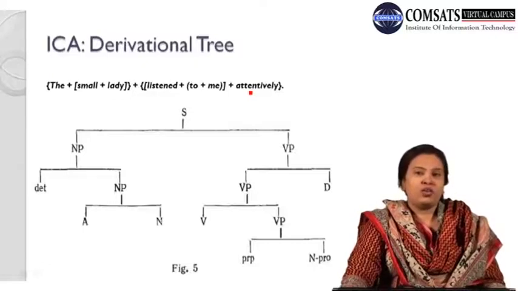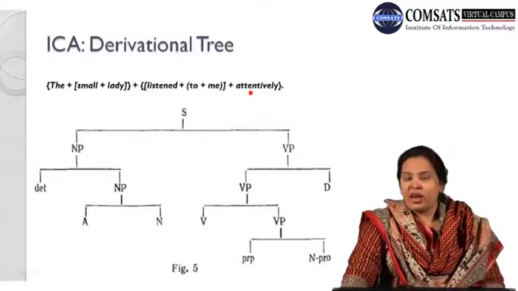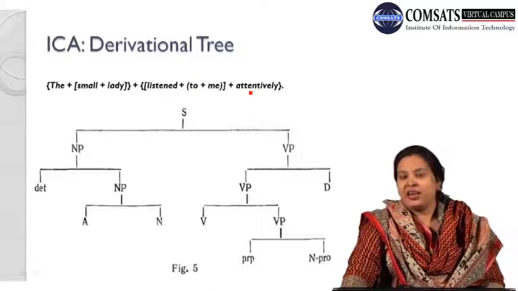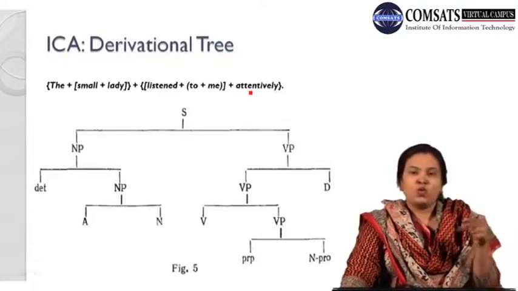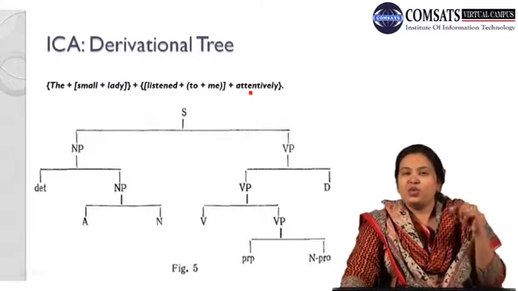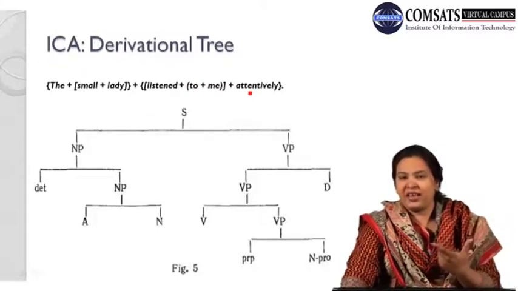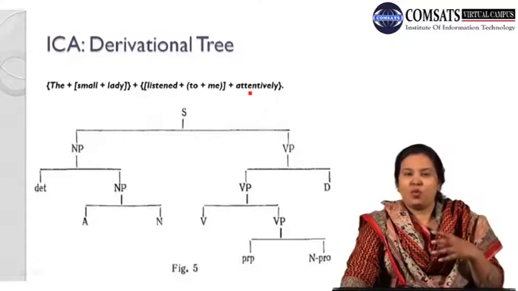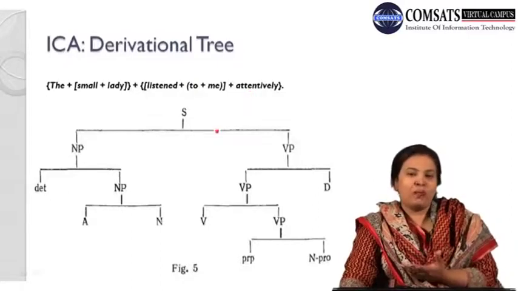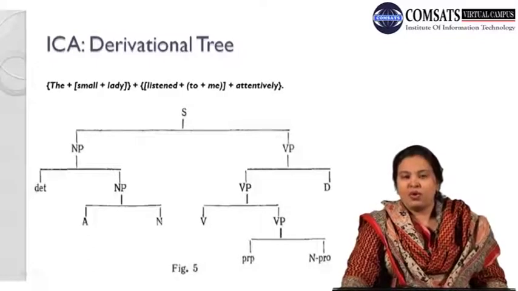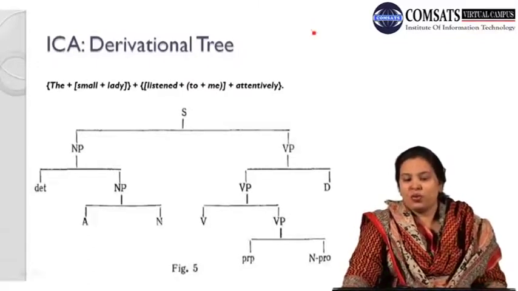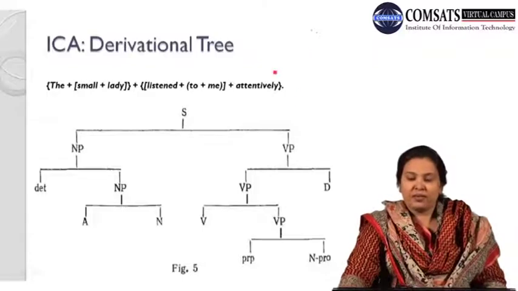But according to immediate constituent analysis, at the very first level I can divide this sentence into only two constituent parts. What are the two constituent parts? Usually they are subject and predicate, that is, a noun phrase and a verb phrase. Do not be confused about this VP over here, because VP stands for the verb phrase.